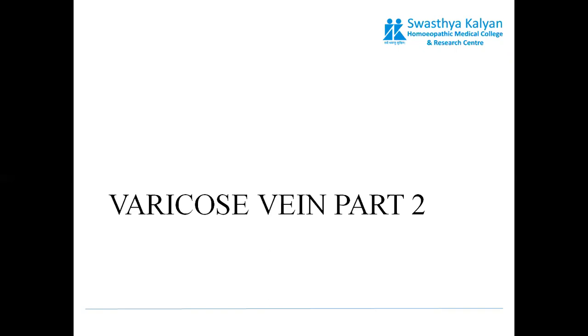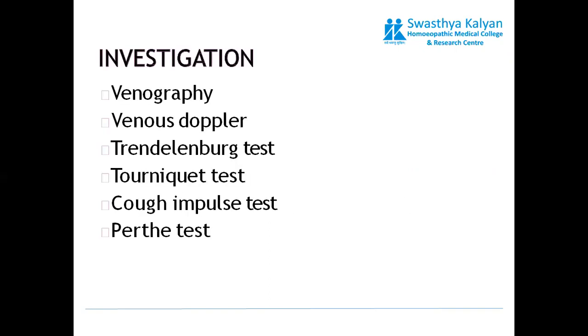Now we are left with the investigation part and the management of varicose vein. The investigations which will help in diagnosis of varicose vein, no doubt the clinical symptoms and the physical examination stand out to be the most important part in diagnosis.